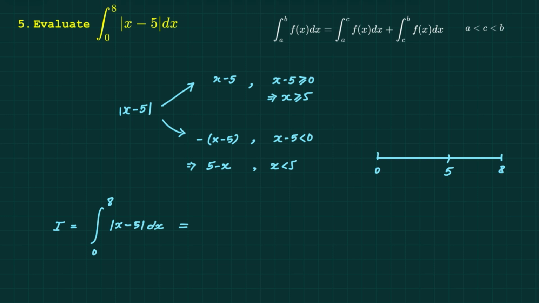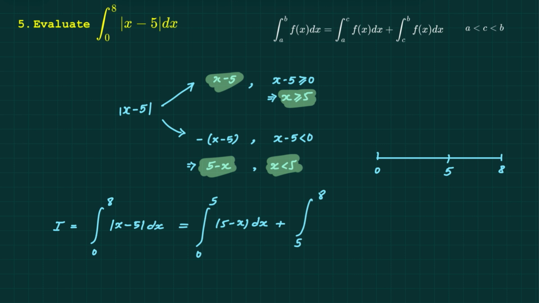So this integral can be opened from 0 to 5 at first, but the function between 0 to 5 is 5 minus x, because modulus of x minus 5 is 5 minus x when x is less than 5. So between 0 to 5, the function I'll be using is 5 minus x dx, and after that I'll integrate from 5 to 8, and the modulus function between 5 to 8 is x minus 5, because between 5 to 8 the value of x is greater than or equal to 5.